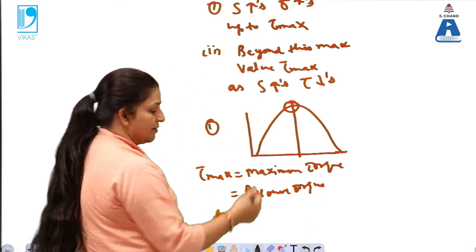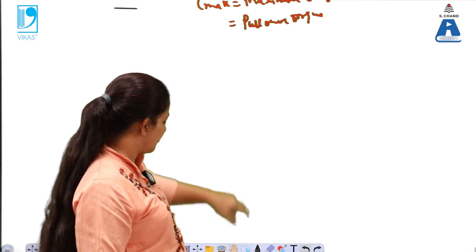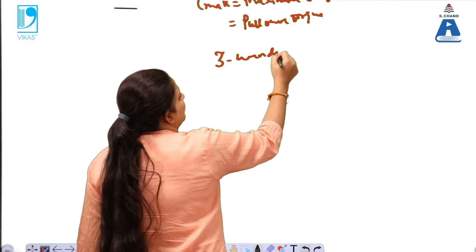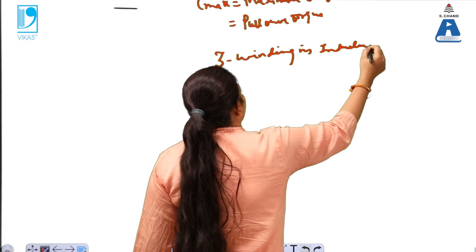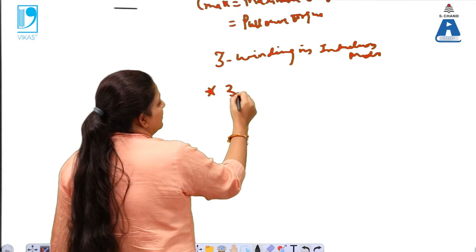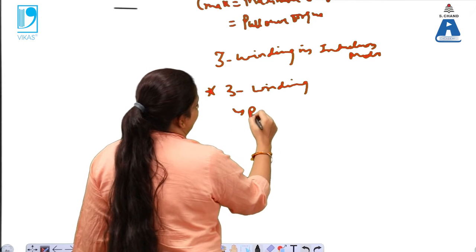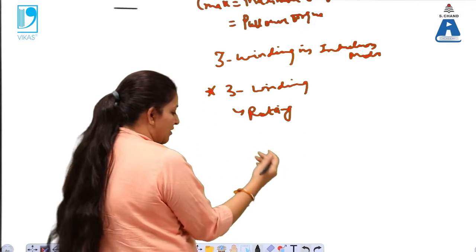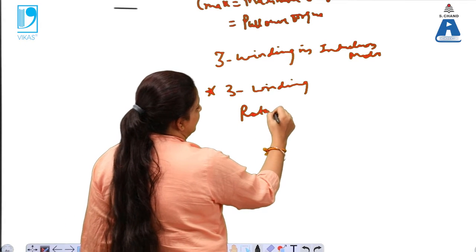There are three windings in the induction motor, and these three windings have a rotating magnetic field.